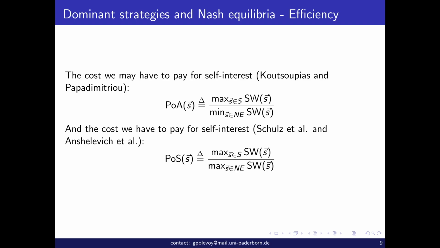So the price of anarchy, here we define it for Nash equilibria, but we can use any solution concept which is not empty, which has at least some solution for that game. So the definition is that the price of anarchy is the worst ratio between the social welfares. So we look at the maximum possible social welfare ever, and we look at the minimum social welfare in an equilibrium.